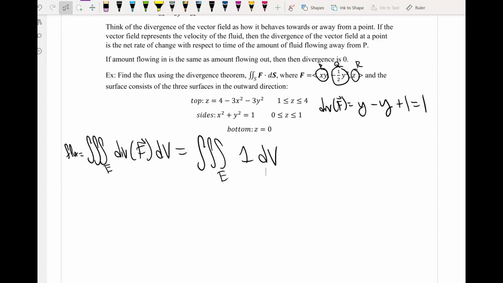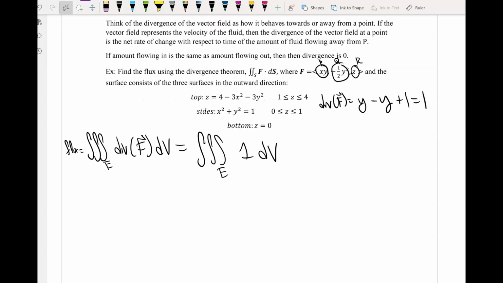Now we need to take a look at the region. If you remember, you have a paraboloid at the top going downward, then you have our cylinder with radius from 0 to 1, and the bottom part is z equals 0.